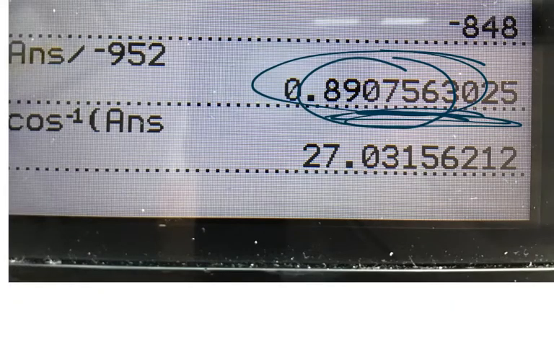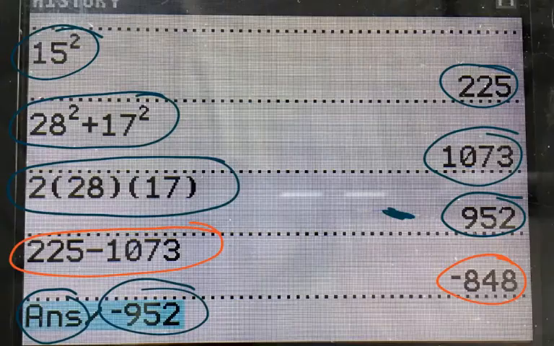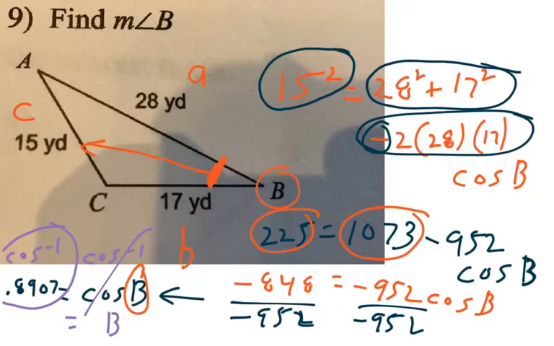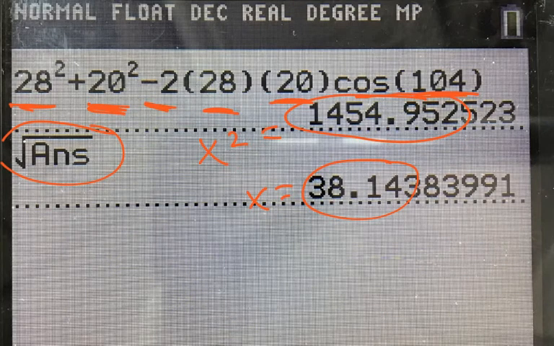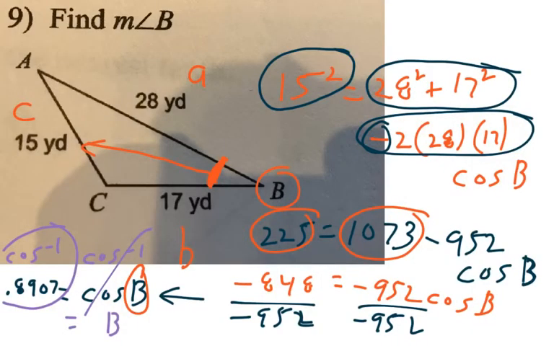And as you can see right here, the cosine inverse of my answer, 0.8907563025, is 27.03. So therefore, I know my angle is, oops, sorry guys, I messed up there a little bit. It's 27 degrees, right?